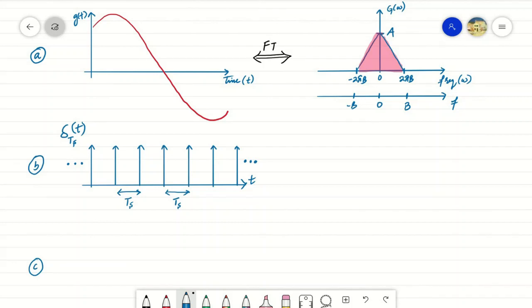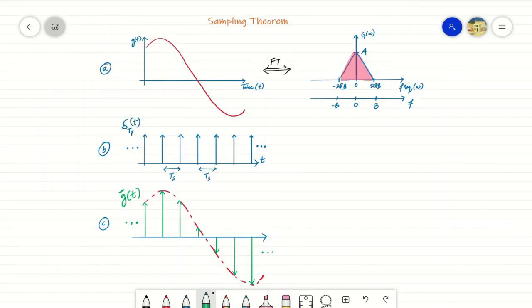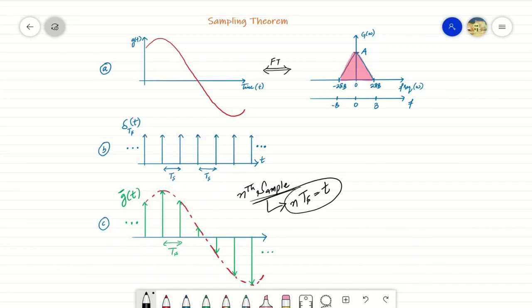So if g(t) is the continuous signal which we are sampling, then we can refer to this sampled signal as g bar of t. In this sampled signal, we have impulses which are spaced every Ts seconds. This means that the nth sample is located at time instant n times Ts, where n is the index of the sample and Ts represents the time interval of each sample.